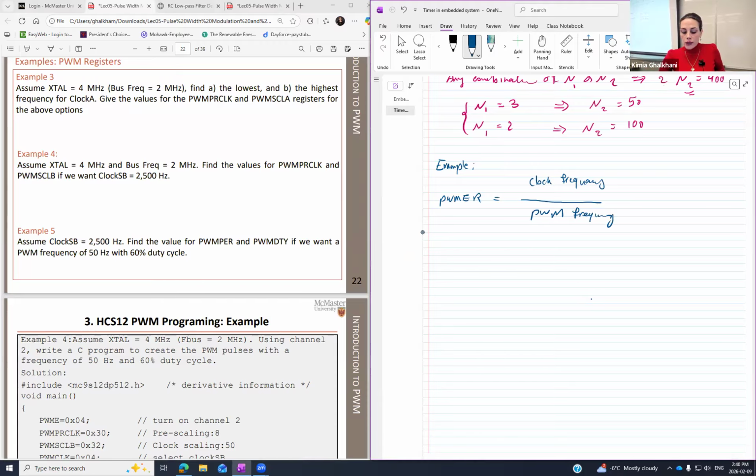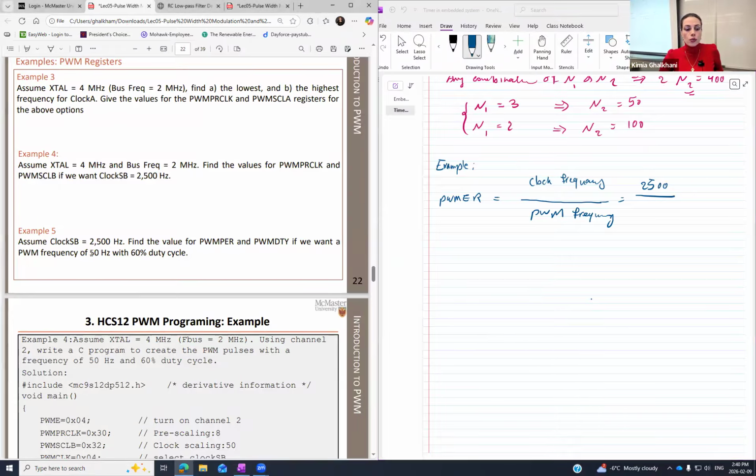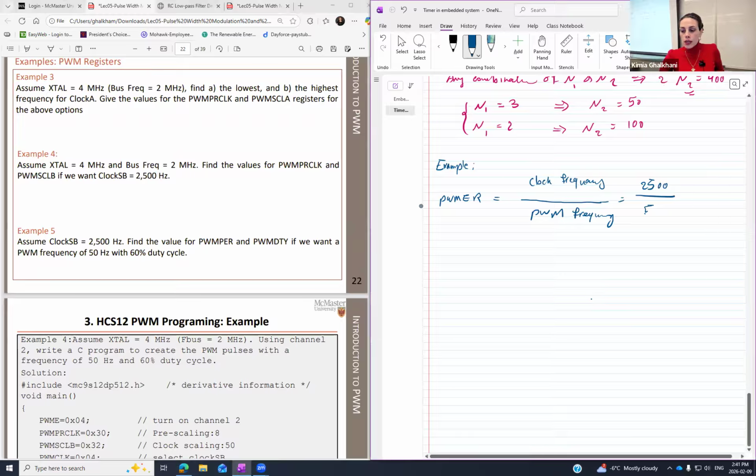If these two are given, clock frequency is given, 2,500, and PWM frequency is given, which is 50. It's just given right here. Look at here, 50 hertz from the question. Then I have to include it here. Most of them are hertz. I don't need any conversion. Then I'm going to have my PWM PER to be 50.